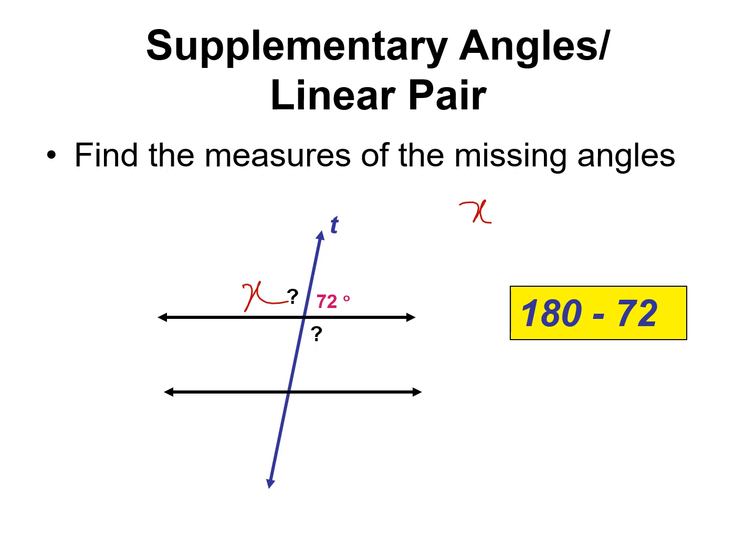Suppose this is x, x plus 72 gives you 180. So the missing angle is 180 minus 72, which is 108, and the opposite is also 108.